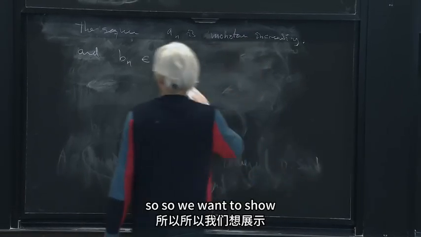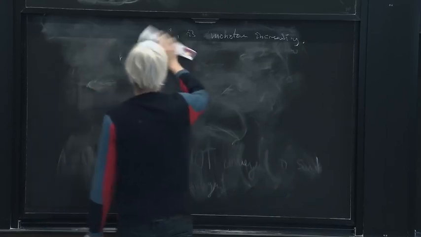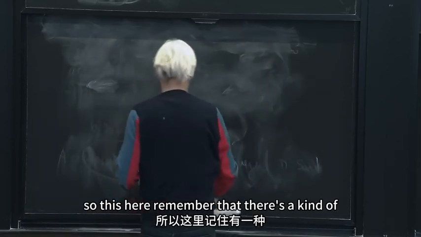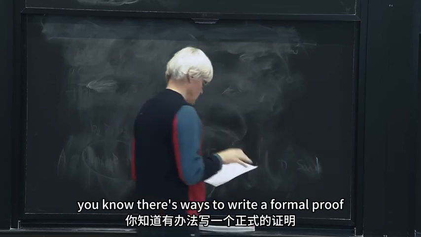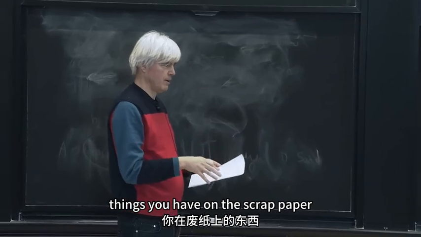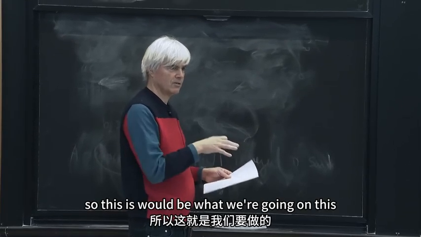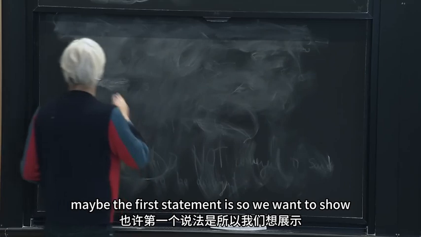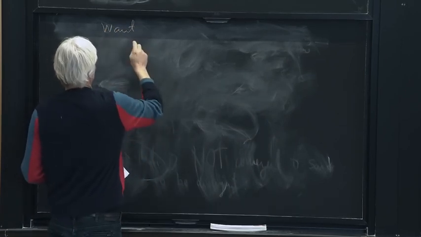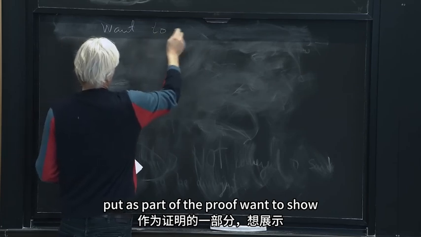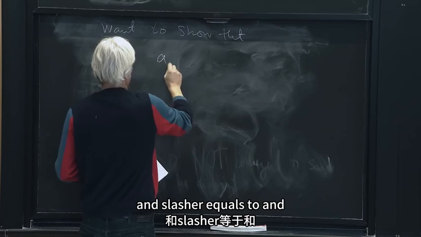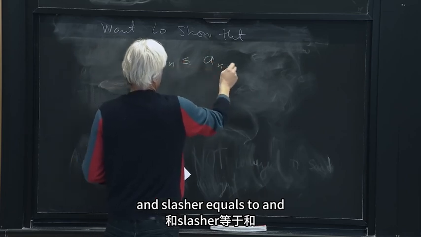Remember that there are ways to write a formal proof, and then there are things you have on the scrap paper to get the idea. So this is what we're going to do on the screen. We want to show that AN is less than or equal to AN plus 1.